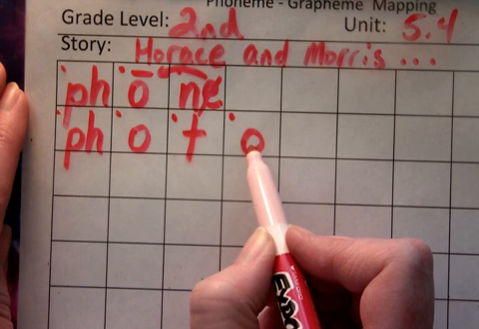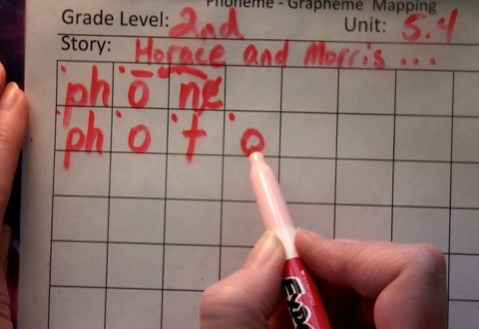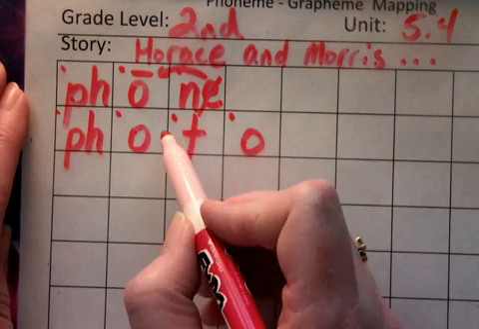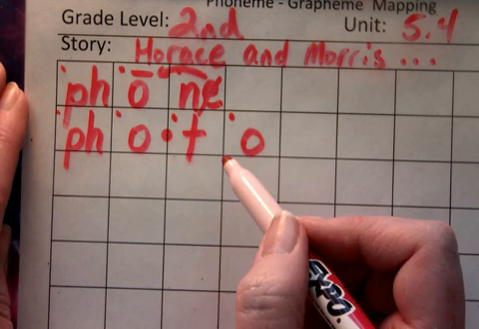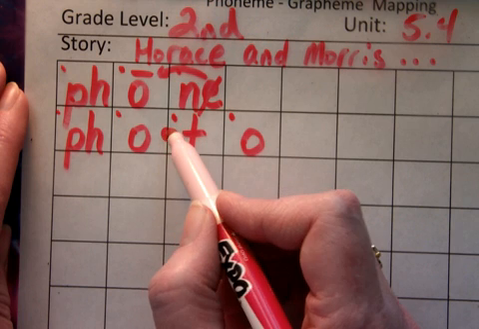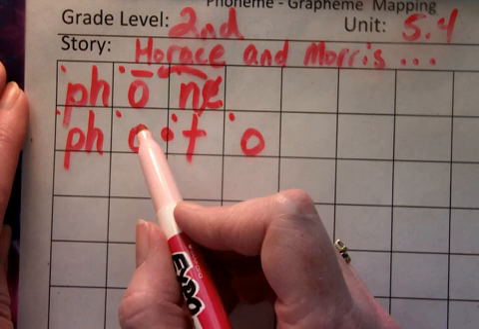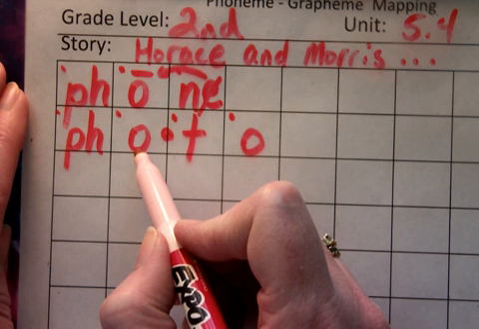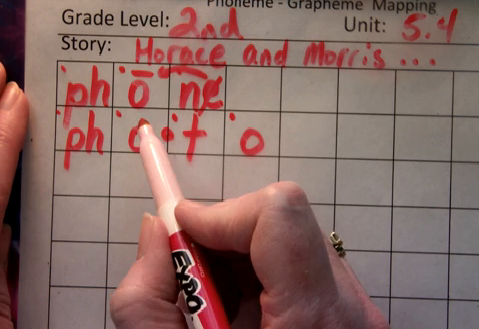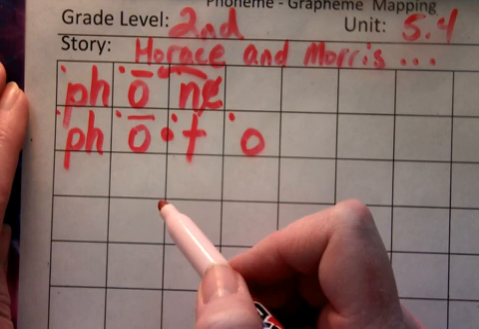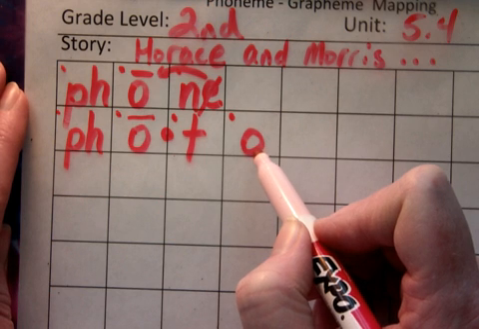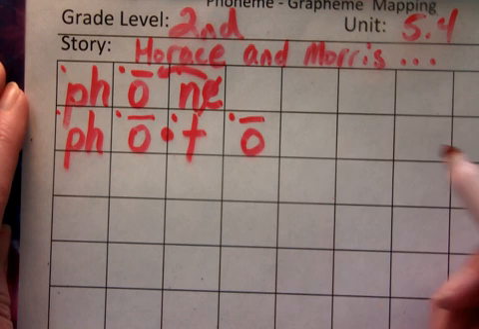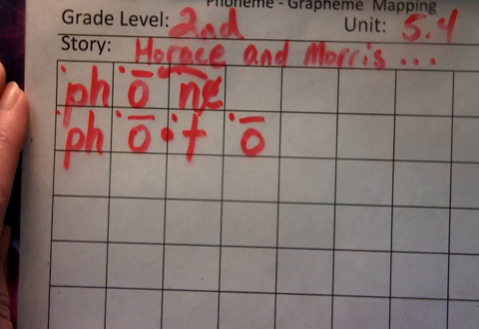If I have two vowel sounds, that means I have two syllables. Fo is one syllable, and toe is the next syllable. So I'm going to put a dot here to separate our syllables. A single vowel at the end of a syllable is long. That's an open syllable. A single vowel at the end of a syllable, it's going to be long, so put the macrons on top. Photo.